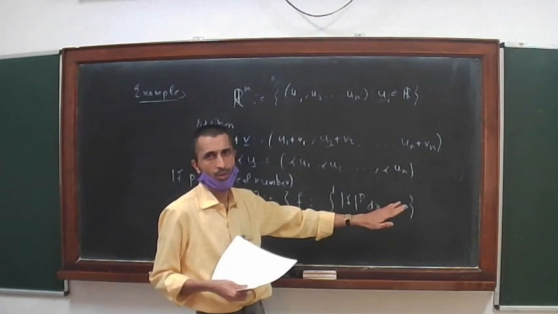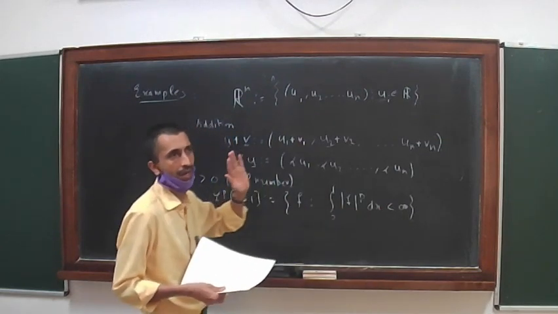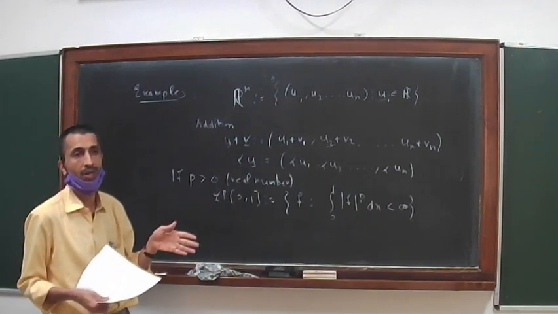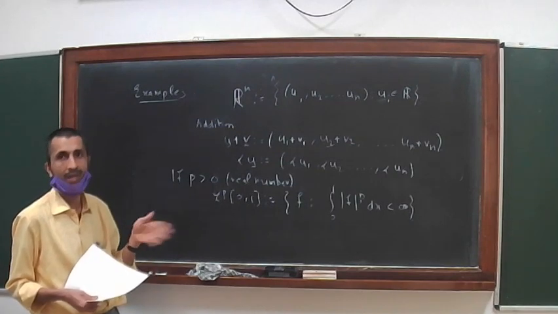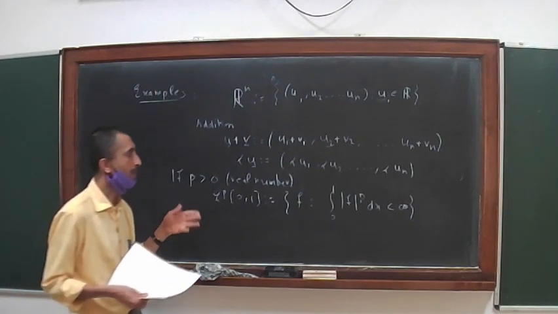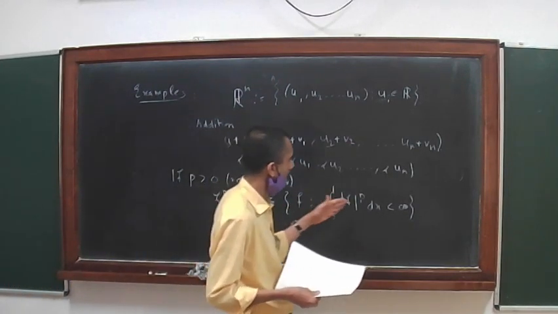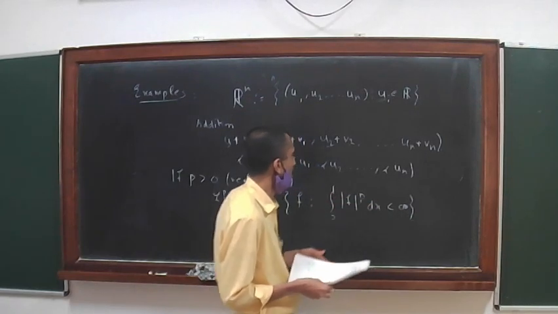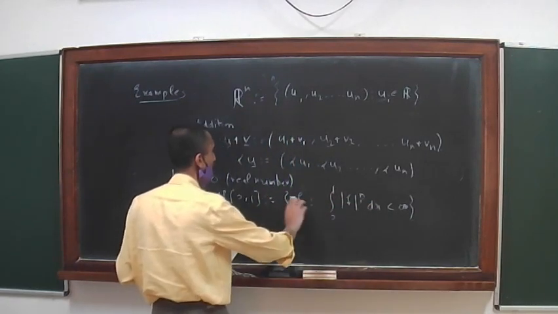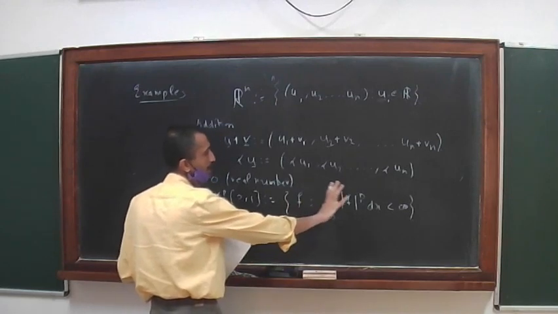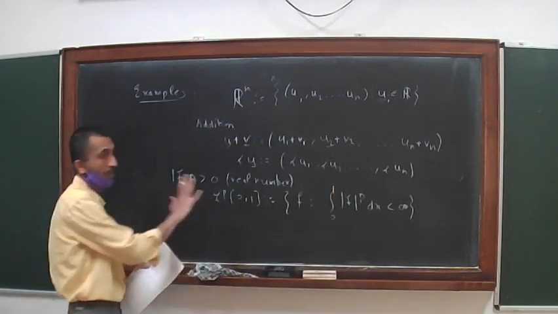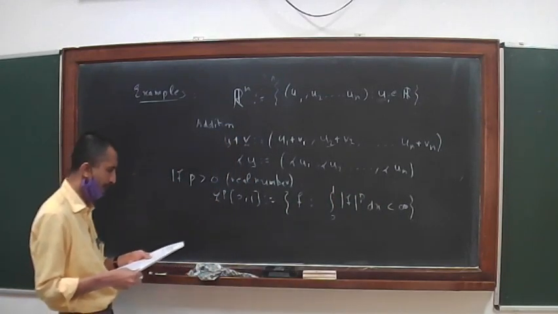Less than infinity means it should be bounded. It should not become unbounded. So for example, if I try to integrate log x from 0 to 1, that is unbounded. So basically it is a set of all functions such that this integral is bounded. So that is the space LP.